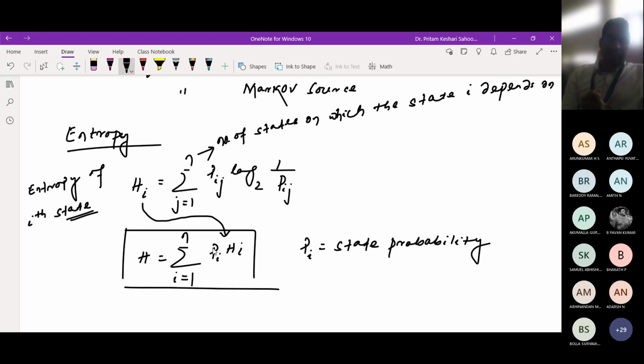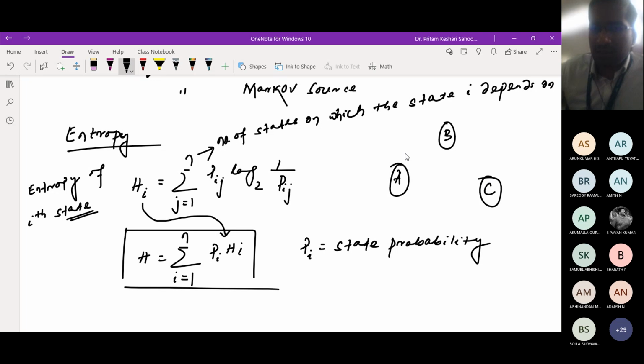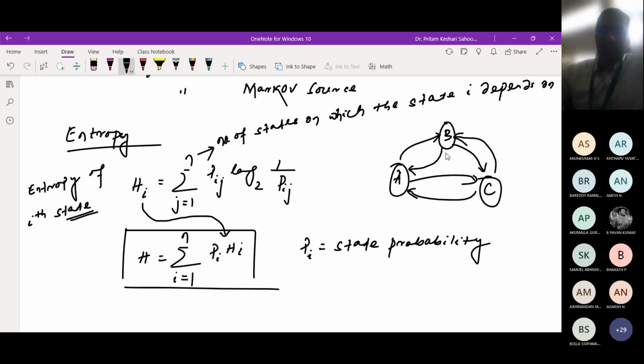Correct. So we can take an example. Suppose I have a source. This is A, this is B, this is C. So this is one state, this is another state, this is another state. So this state is dependent on this, and this state is also dependent on this. So like this, they are dependent on each other. So what we will calculate, we have three different states.